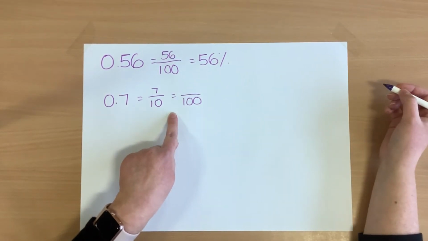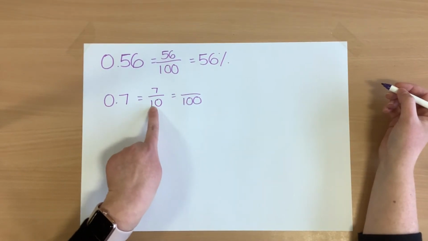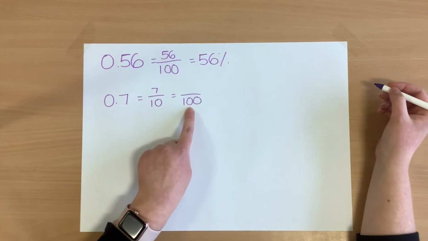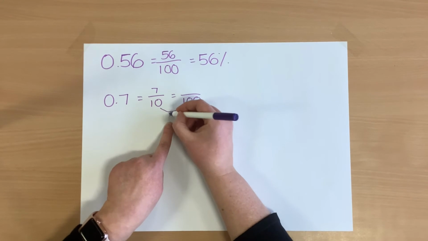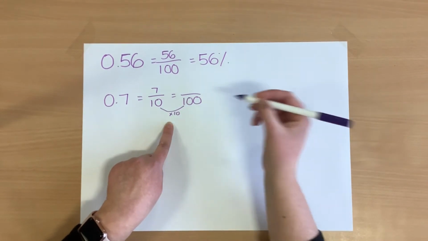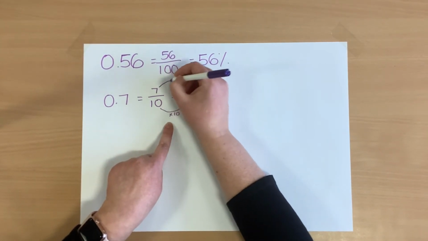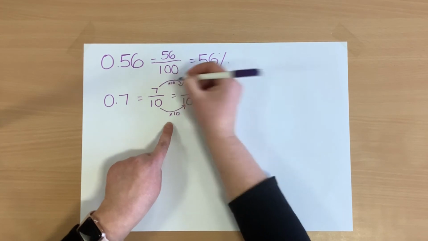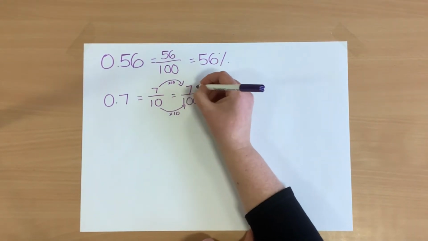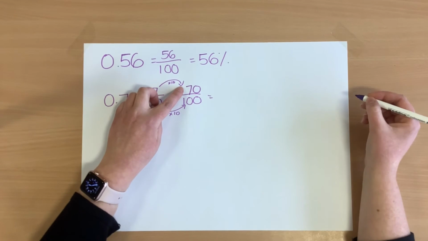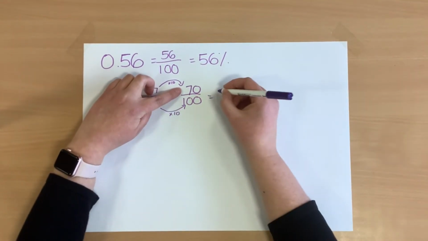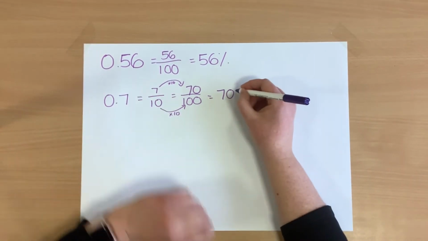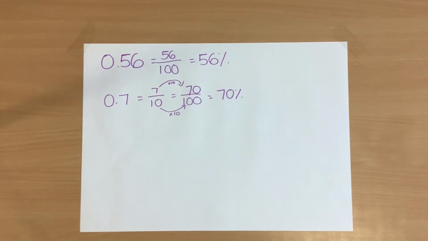The way that I do that is think, well, what do I do to the denominator to get to 100? I times it by 10, and then hopefully we remember that I do the same to the top. So 7 times 10 is 70. Now I've got 70 over 100. Now as a percent, I've got 70 out of 100, so it would be 70%.